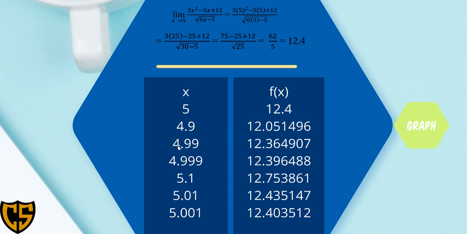Substitute 4.9, 4.99, 4.999, because we are approaching the value 5. Then we have 5.1, 5.01, 5.001. If we inspect this, we see that our answer is approaching the value 12.4.